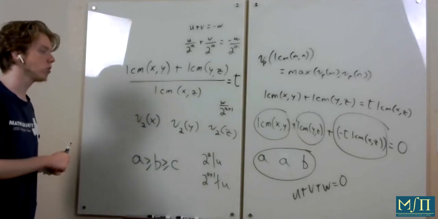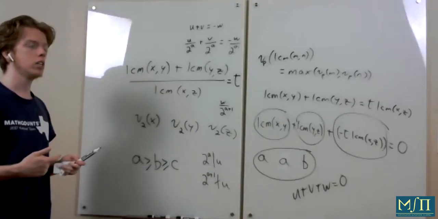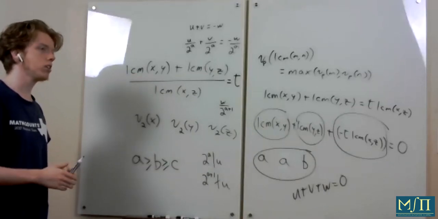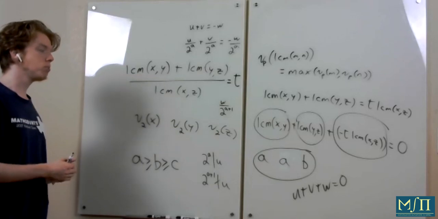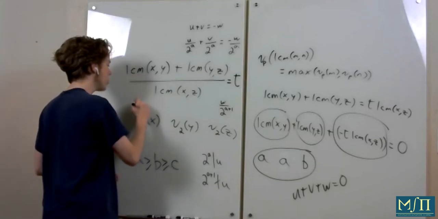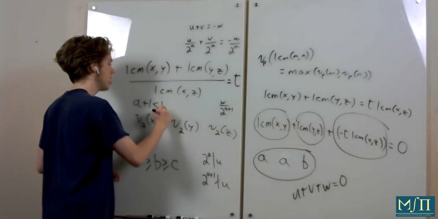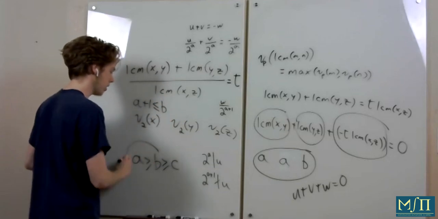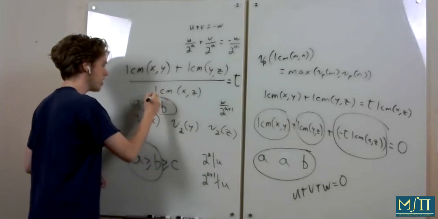So the maximum power of 2 dividing w is at least a plus 1. But it's b, we assumed it's b. So a plus 1 is less than or equal to b. But we said a is greater than or equal to b. So we would have this and this. This is a contradiction.